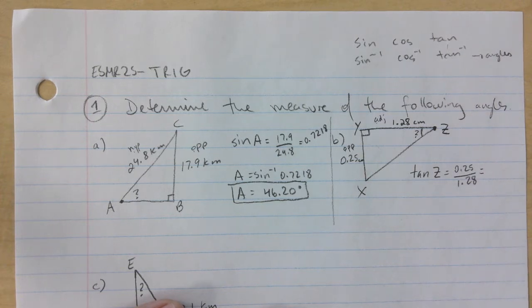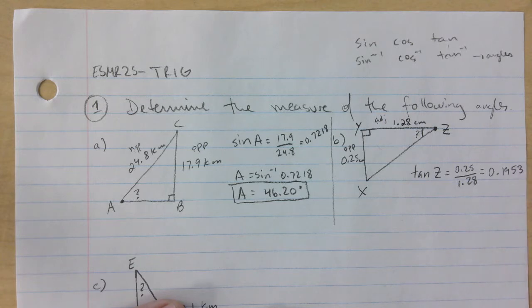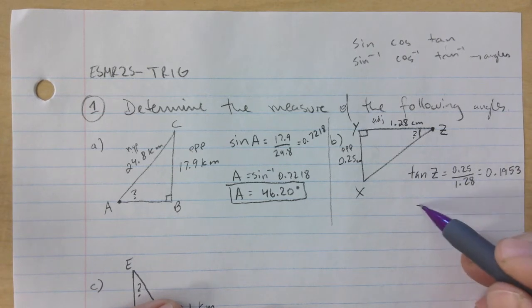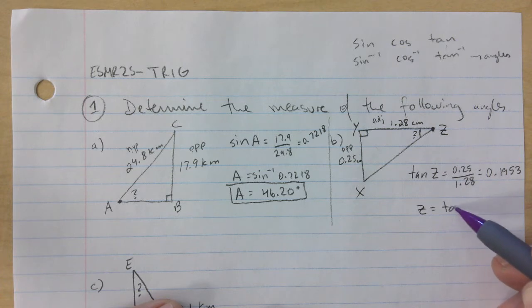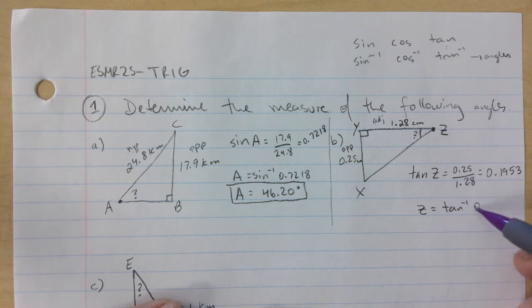Let's come up with the answer to that. You just divide them. And that's 0.1953. So Z would be tan inverse of 0.1953.